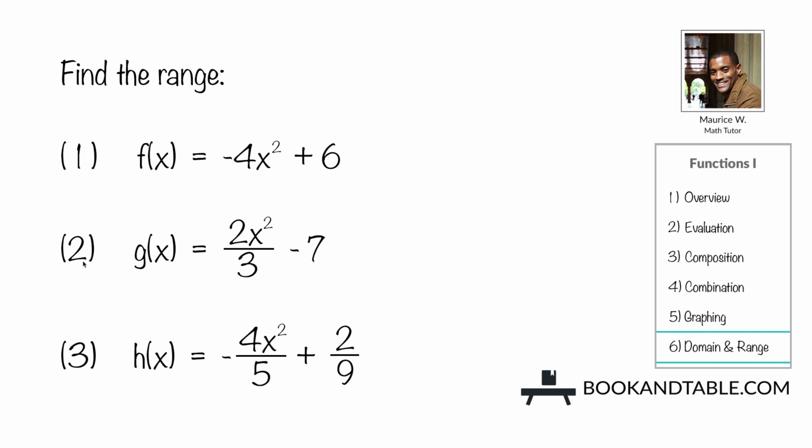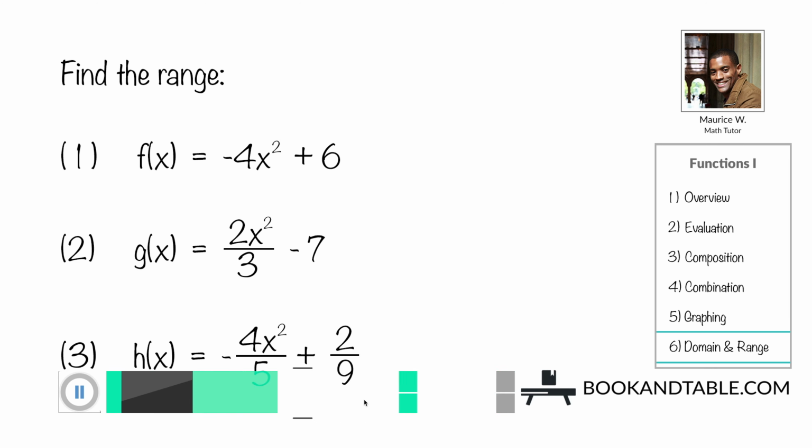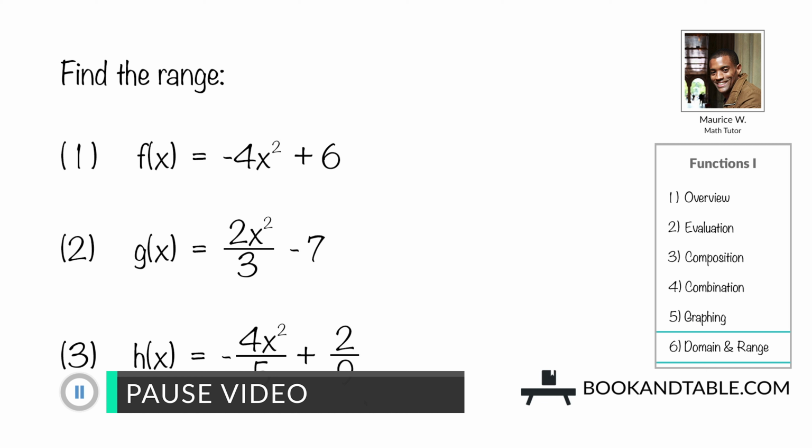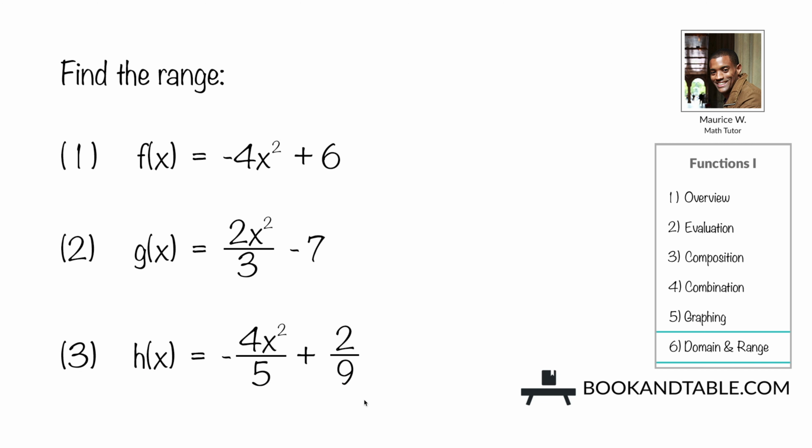Question number 2, find the range of g of x, which is equal to 2x squared over 3 minus 7. And question number 3, find the range of h of x, which is equal to -4x squared over 5 plus 2/9. Pause the video, answer these questions, and then press play when you are ready to begin.